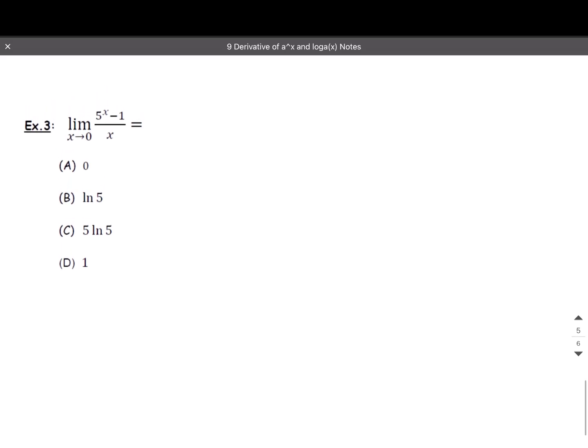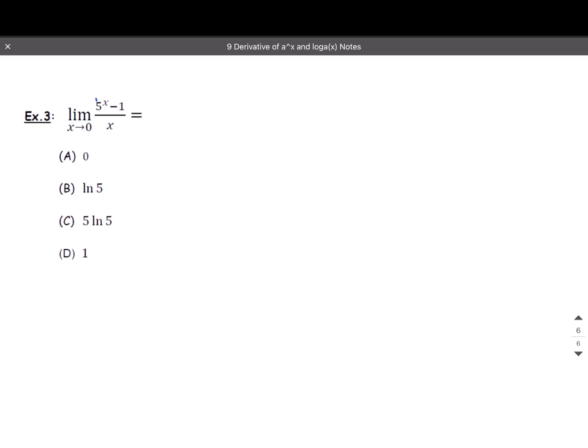Okay, one more example. This looks familiar to me. The limit as x heads to 0 of 5 to the x minus 1. Now notice it's heading to 0, so this would be x minus 0 in the bottom. But does this minus 1 fit? 5 to the 0, remember, is 1. So yes, this is the limit as x heads to 0 of f of x minus f of 0 over x minus 0 when f of x is 5 to the x.